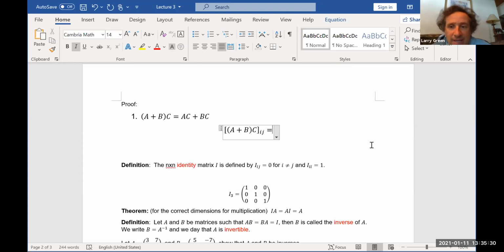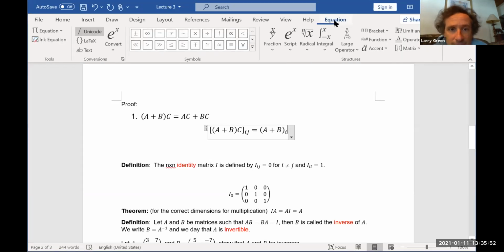And that is going to be (A+B)i, where (A+B)i is the ith row of A plus B, dotted with Cj, the jth column of C. Any questions on that?